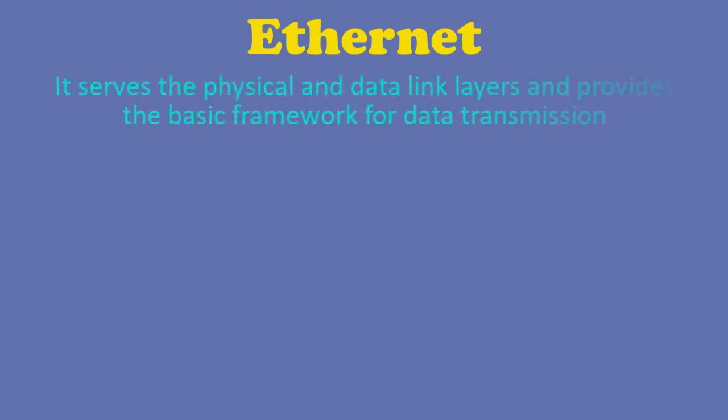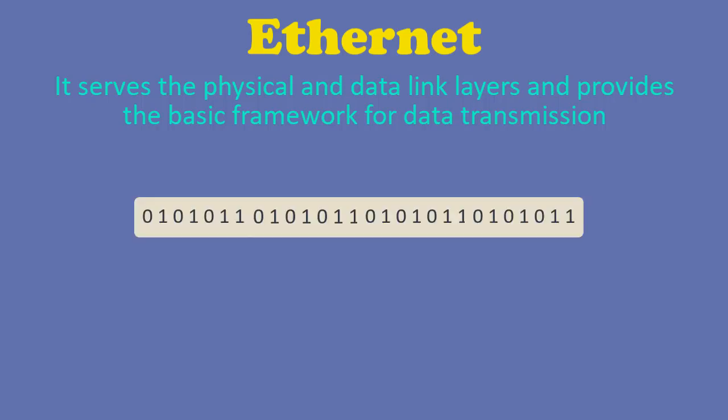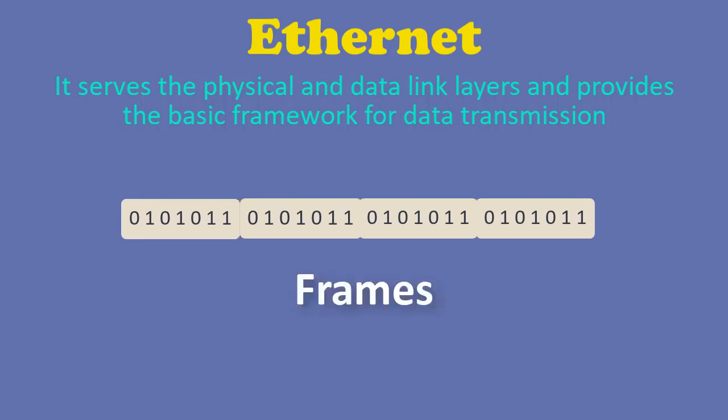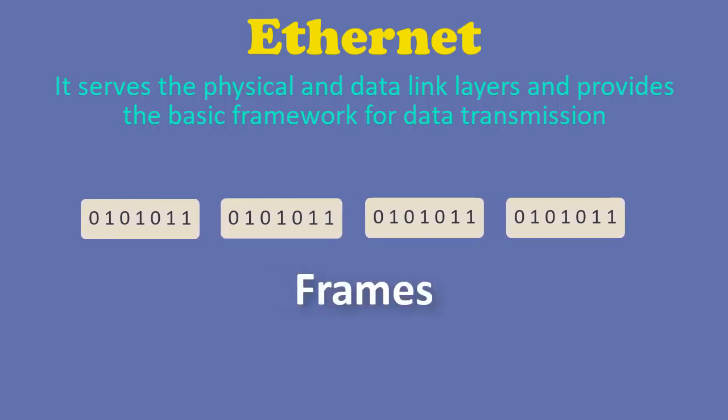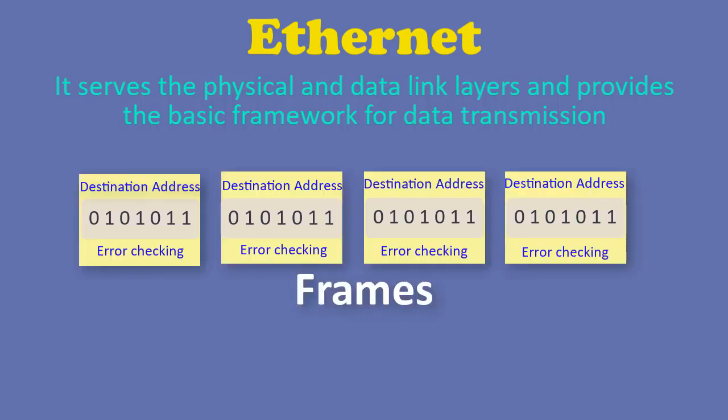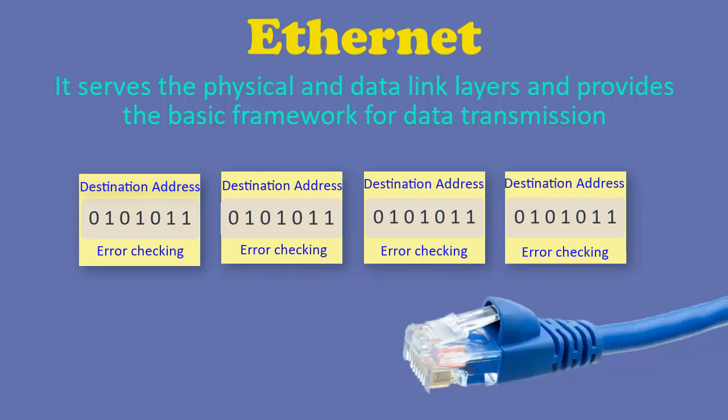Ethernet is the most important for LAN communication and it serves the physical and data link layer. It provides the basic framework for data transmission. It divides a stream of data into shorter pieces called frames. These frames are encapsulated with destination address, error checking mechanism, and other information.